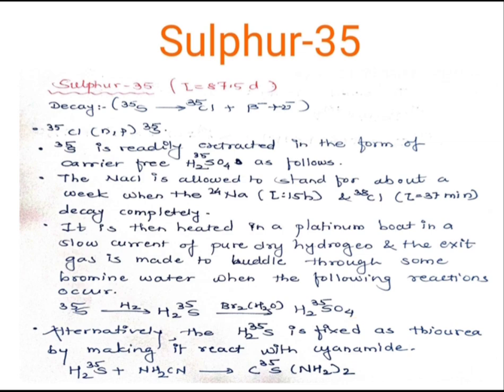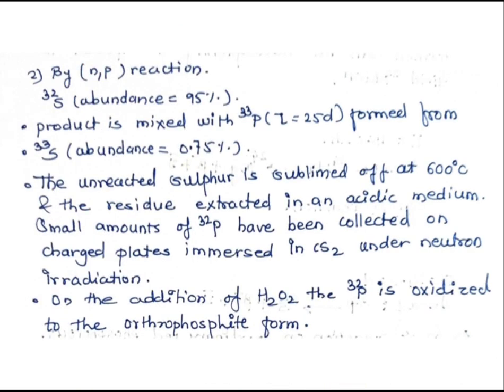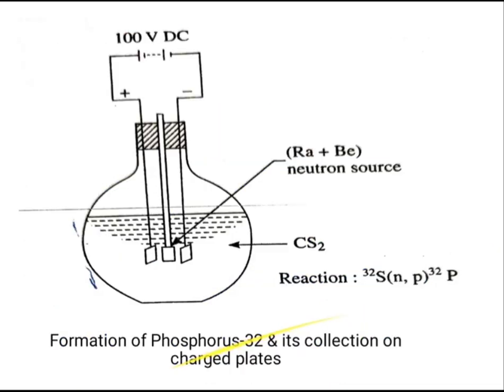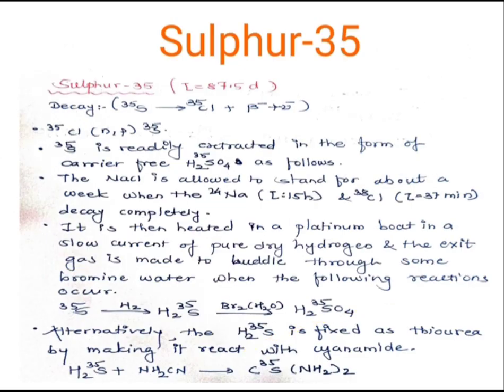Alternatively, the H2S is fixed as a thiourea by making it react with cyanamide. So the final reaction is H2S plus NH2CN. It gives CS(NH2)2, where S is sulfur 35.